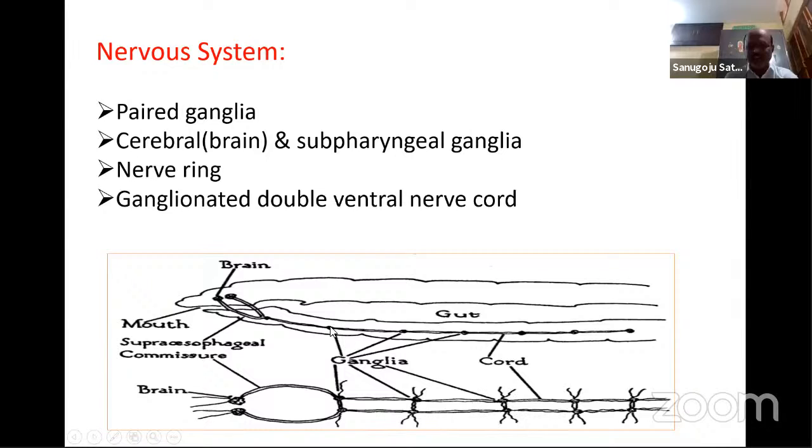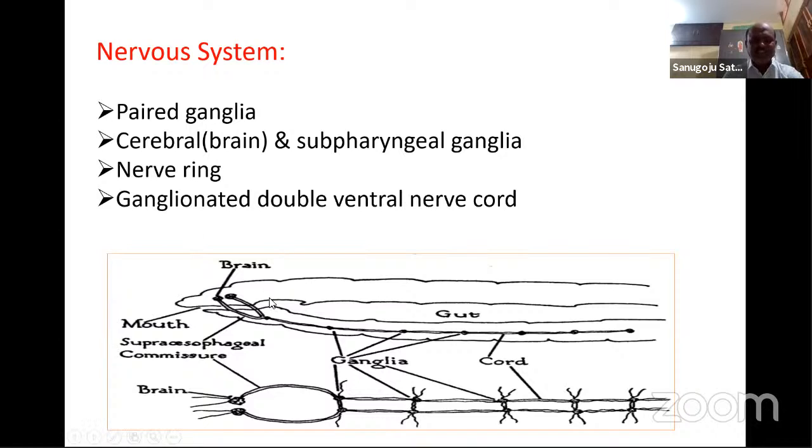Each and every segment has ganglia in it. In previous days, we used to do practicals by dissecting this nervous system, but nowadays it has been banned by the government to protect biodiversity.